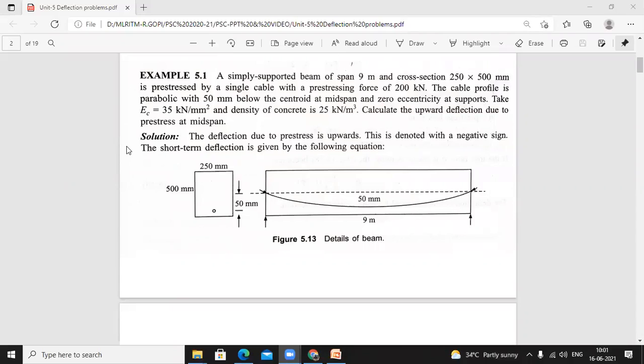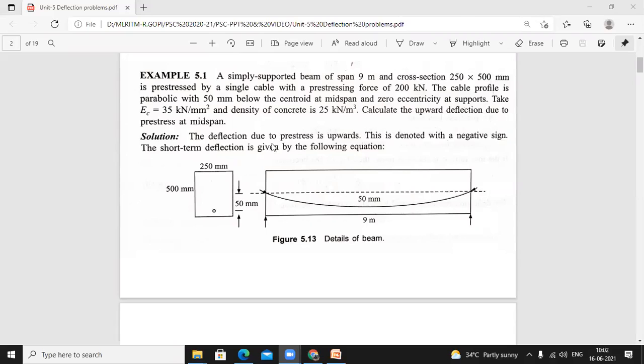Next, take Ec equal to 35 kN per mm square, and the density of concrete is 25 kN per meter cube. Calculate the upward deflection due to prestress at midspan.